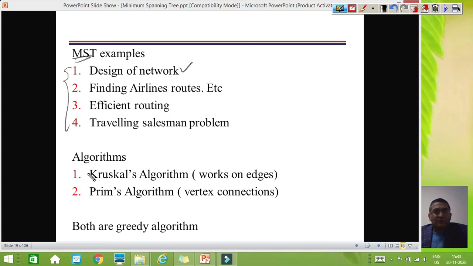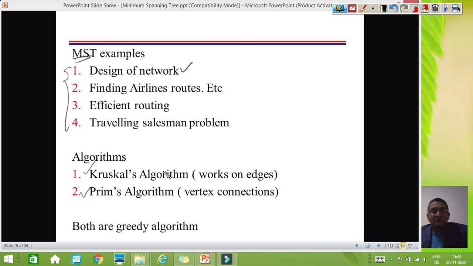We have two popular algorithms for finding the minimum spanning tree. One is called Kruskal algorithm and the other is called Prim's algorithm. Now when we talk about the graph, here we are applying this algorithm on the graph, and in the graph we have vertices and edges. So the key idea of the Kruskal algorithm is to work on edges.